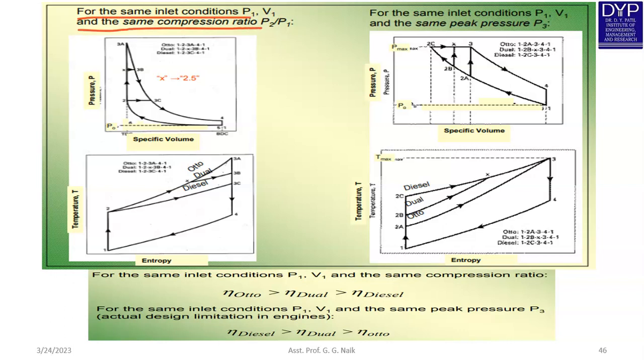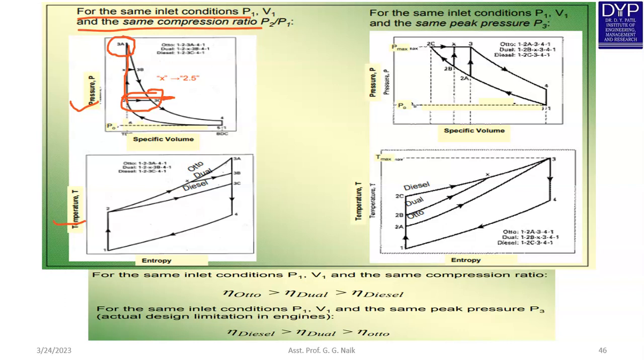If you see this cycle on the pressure-volume and temperature-entropy diagrams, this is the constant volume process, and this is the constant pressure process.